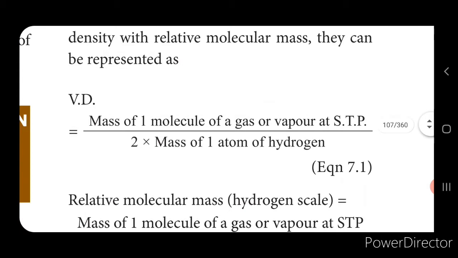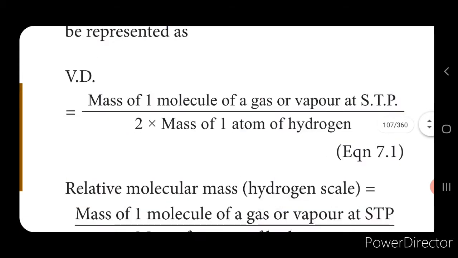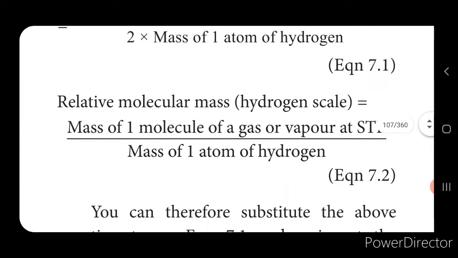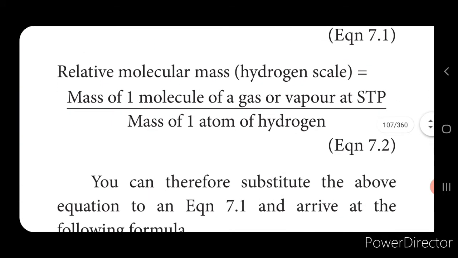Now this can be written as vapor density is equal to mass of one molecule of gas divided by 2 into mass of one atom of hydrogen. So instead of writing mass of two atoms of hydrogen, I multiply 2 into the mass of one atom of hydrogen. Now we have learnt relative molecular mass in terms of the hydrogen scale, isn't it?